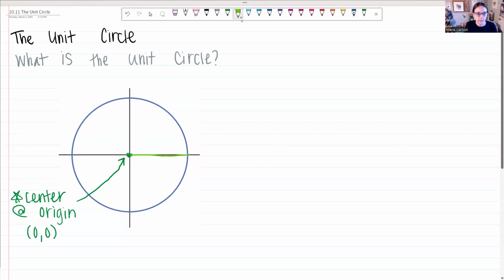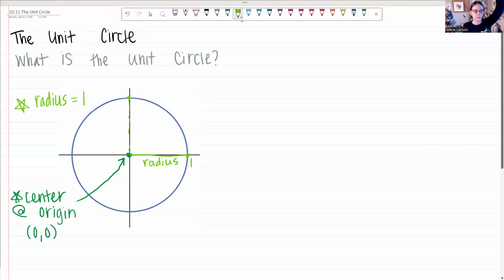Here's my radius. That is 1 unit. So this stretches from 0 to 1. So the radius equals 1.